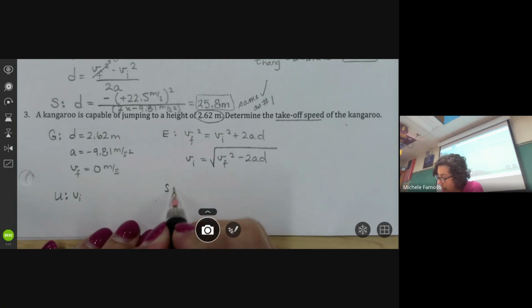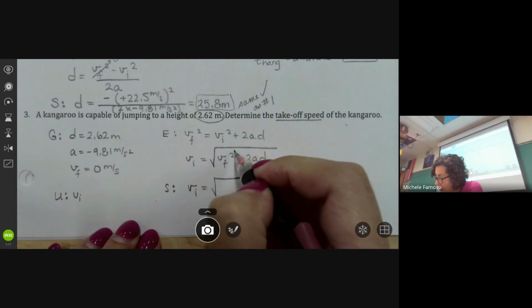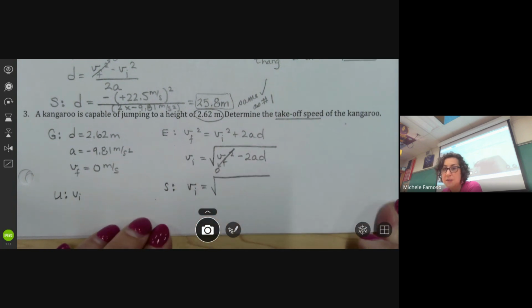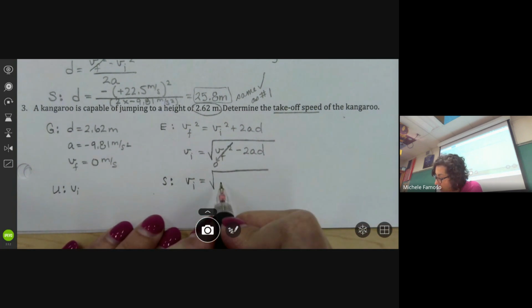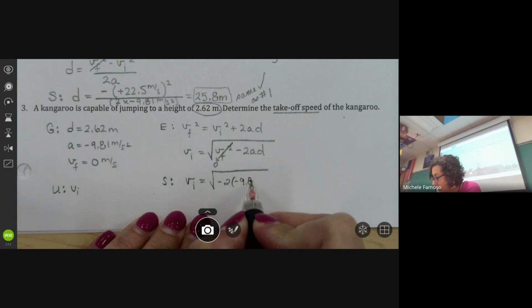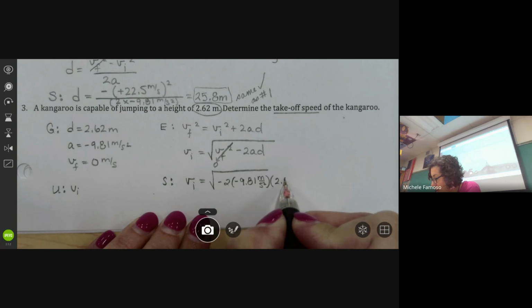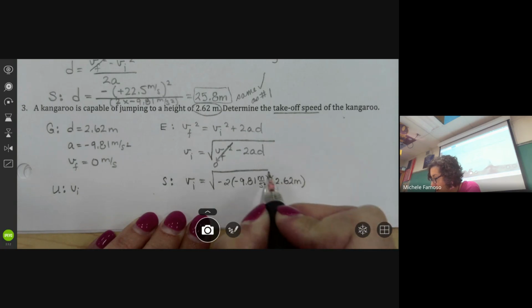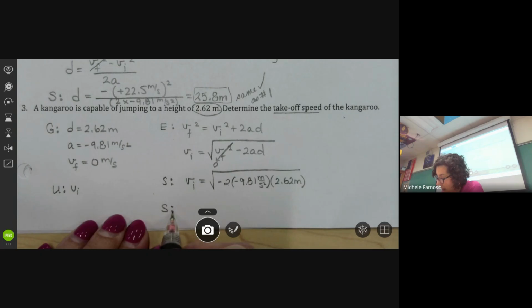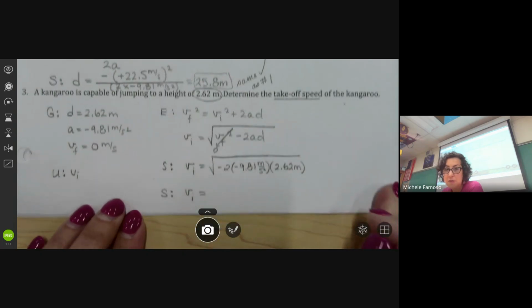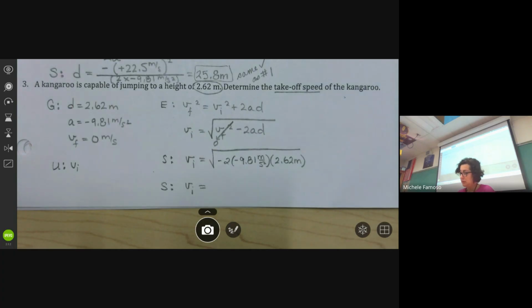So now I'm going to go ahead and do my substitution with units. VF squared is going to cancel out because the VF is 0. So I'm just going to do negative 2 times negative 9.81 meters per second squared times 2.62 meters. And now we're going to solve that for VI. I'm looking for speed, so I don't have to worry about a sign on this at all.